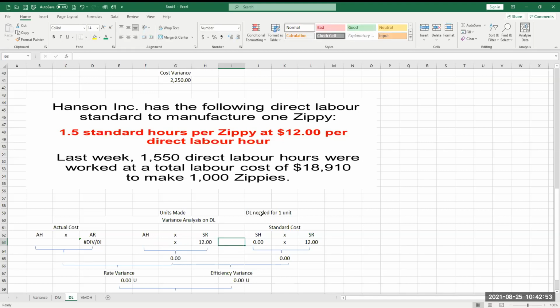Do I know how many direct labor hours I should use to produce one unit? Yeah, we can multiply 1.5. No, listen to the question. Do I know how many hours I should use to produce only one unit? 1.5.